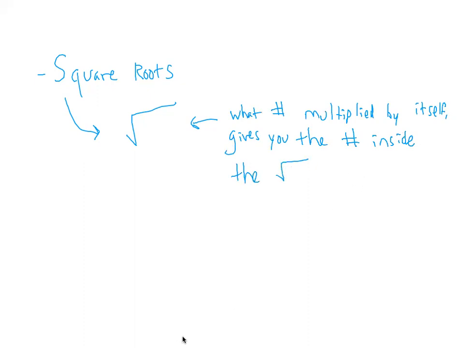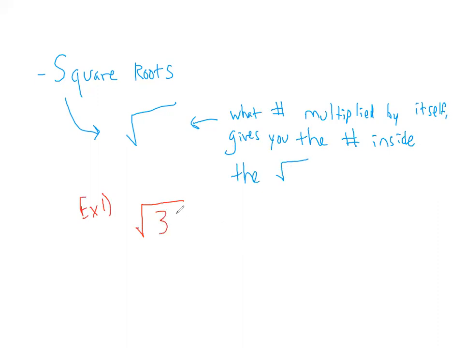Okay. Sometimes words are helpful for some people, and other people are like, stop giving me definitions, just show me an example. But I want to do both because some people like the definitions, okay? And so if we go back to our previous number, I'll call this example 1 for square roots.